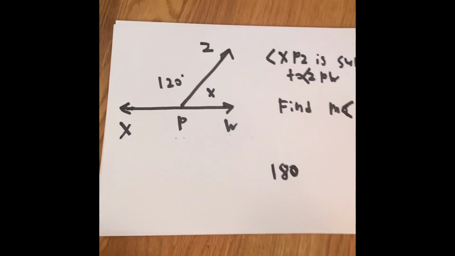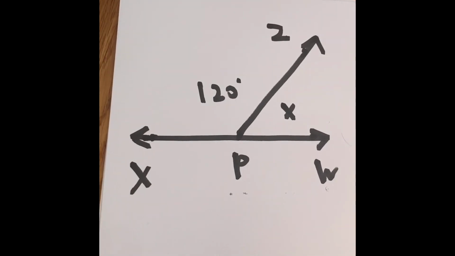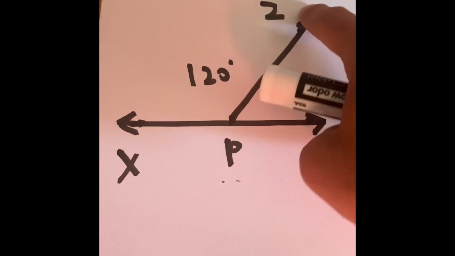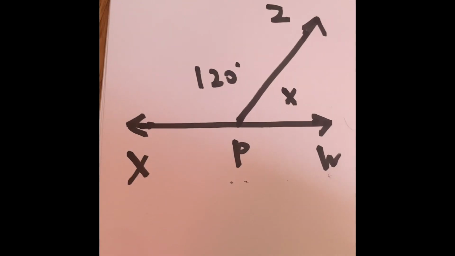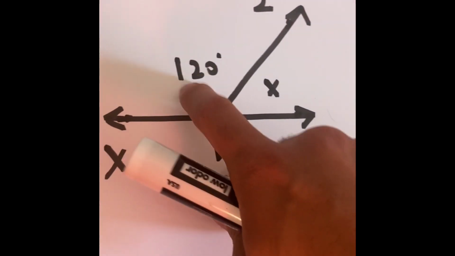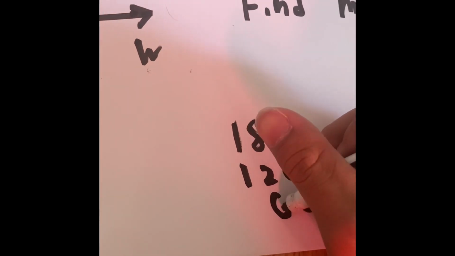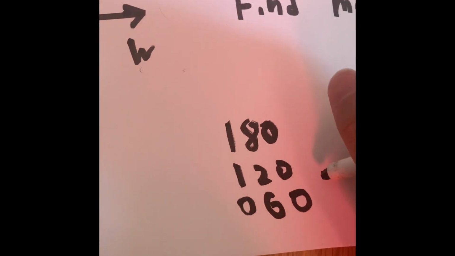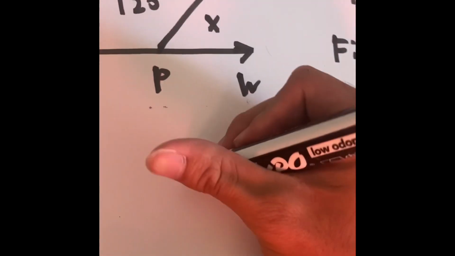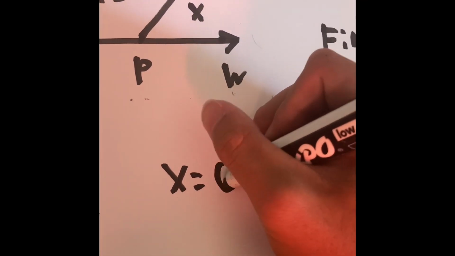And we already know that XPZ right here is labeled as 120 degrees. So to find X, we have to subtract this, and we get 60 degrees. So X is going to represent 60 degrees.